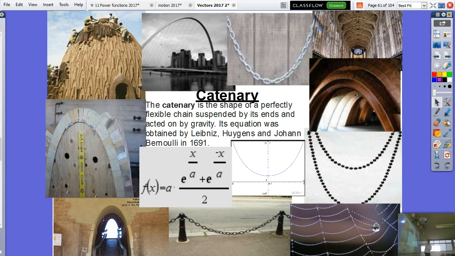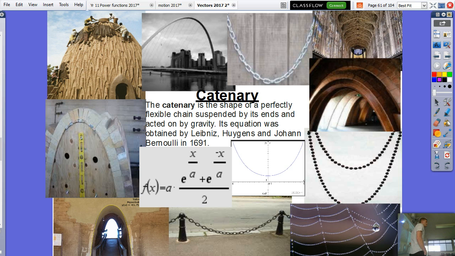The Chinese knew about the inverted catenary as the most stable construction, so when they came, they all built their mine shafts with the arc shape. Even the spider knows about the strength of the catenary. So you can see it forms that same shape.